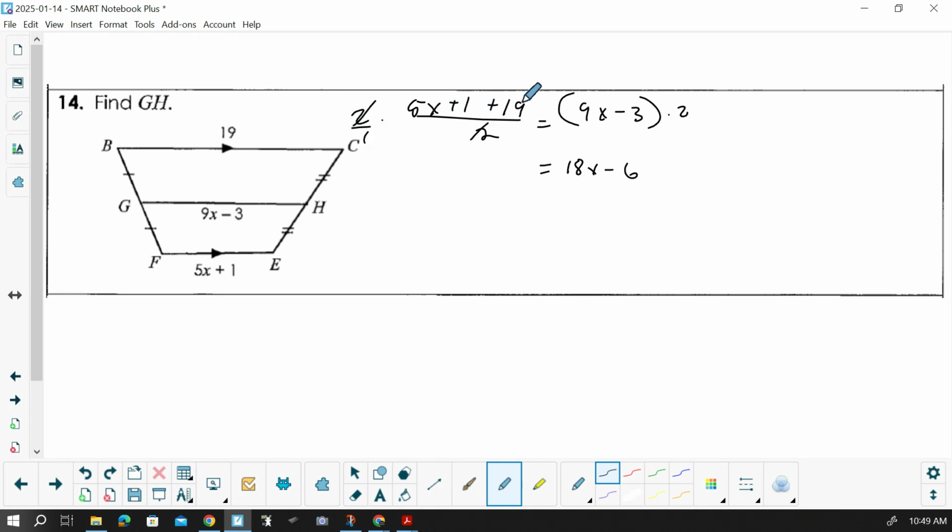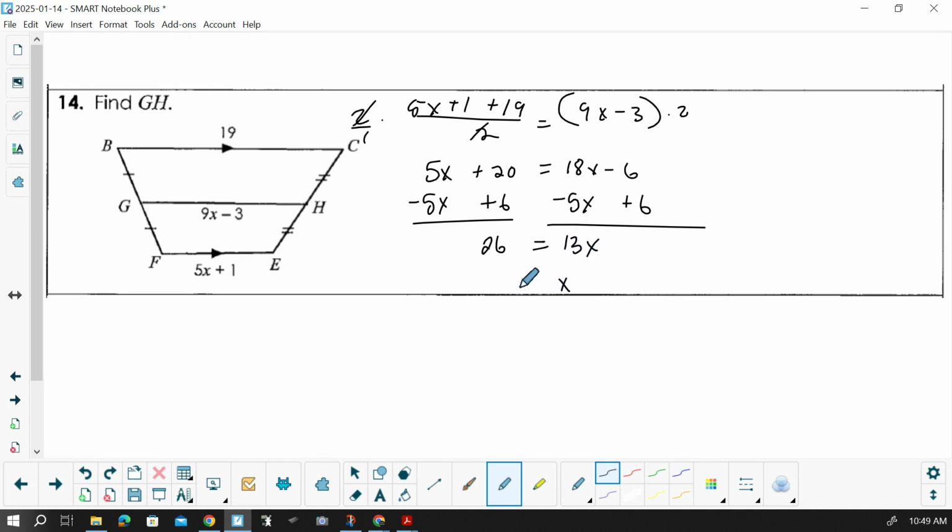So I get 5x plus 1 plus 19. I'm just going to combine the terms that are alike, so I don't have to write so many things. 5x plus 20, right? Plus 1 and plus 19 is just plus 20. Subtract my 5x from both sides. And then I'll go ahead and add my 6 to both sides. And I get 26 here. 18 minus 5 is 13.